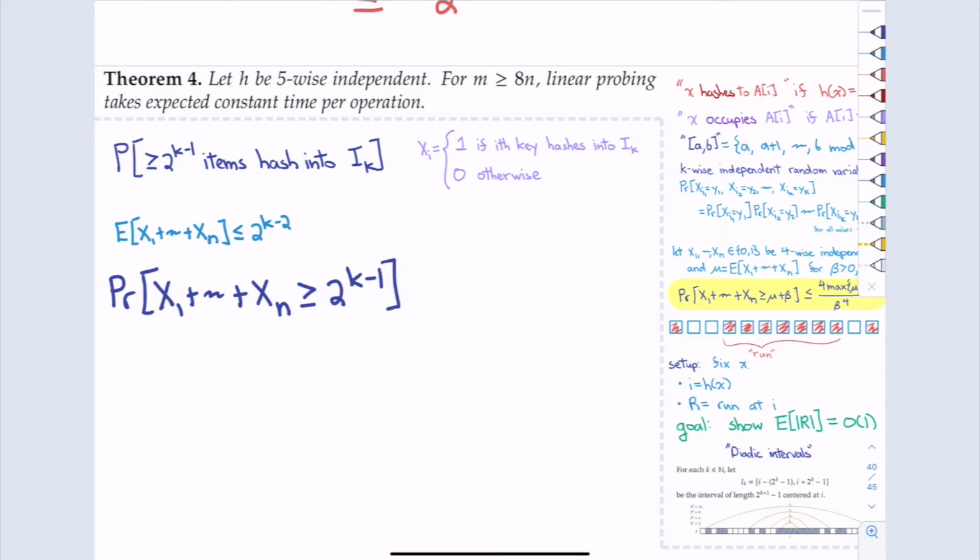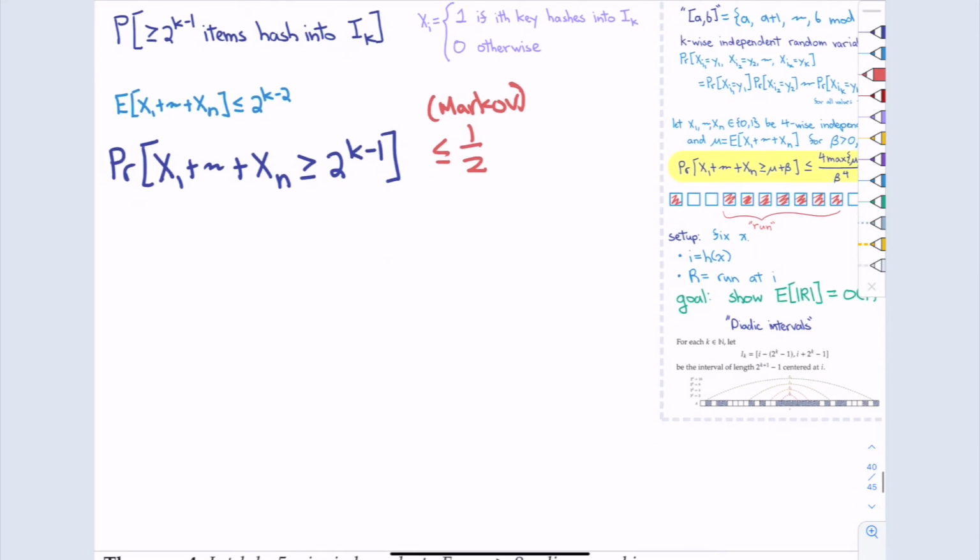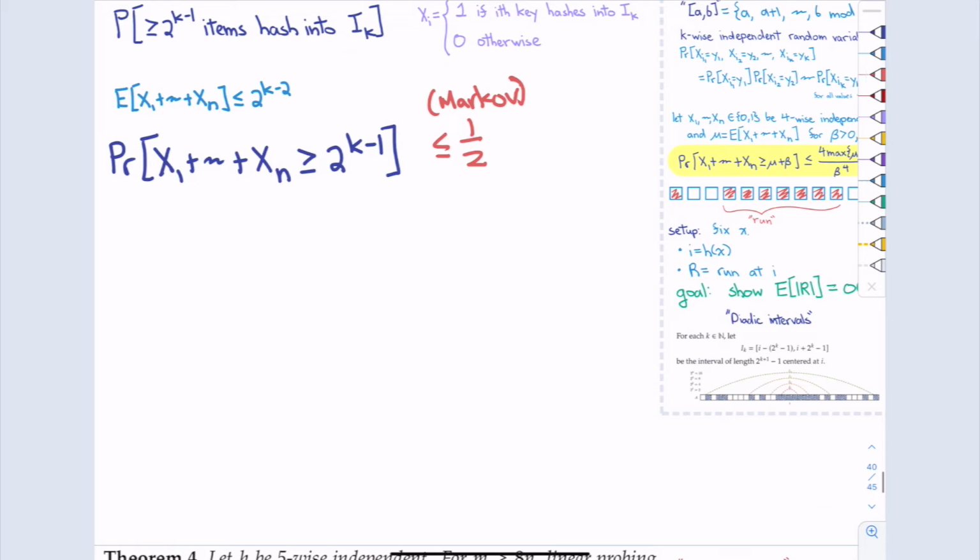So Markov's inequality, if I had applied it here, would give me at most 1/2. Okay? This is not strong enough for us. It turns out it's not strong enough. Okay, so what are we actually going to do then?